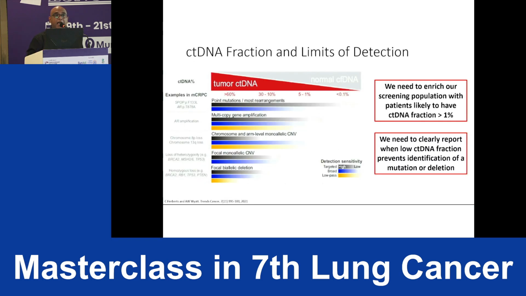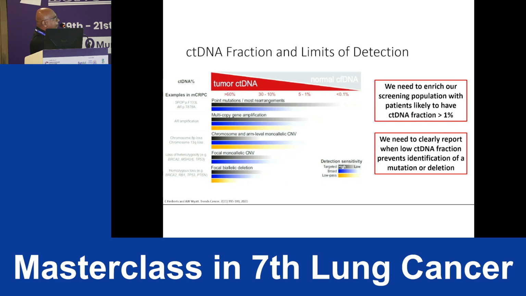Just to give you an example, what we have here on the x-axis, running from left to right, is the increasing ctDNA content in the plasma of these patients. Somewhere in the middle region, the ctDNA fraction is between 1 to 5%. This is the range that you would really want to target.